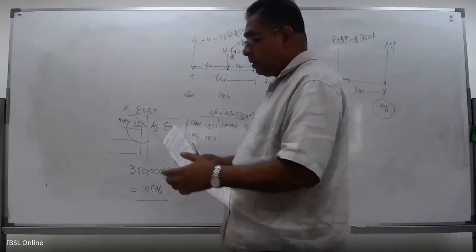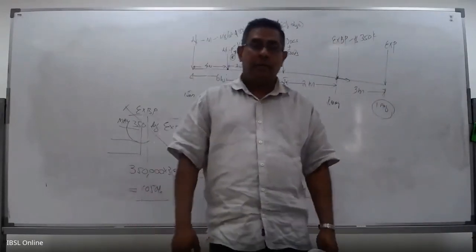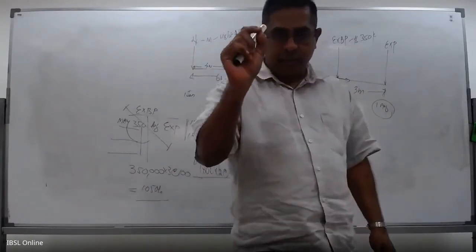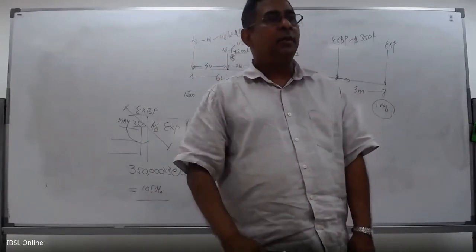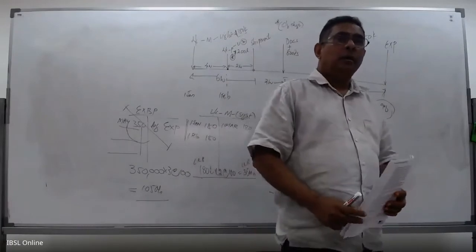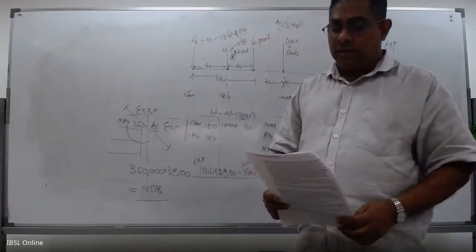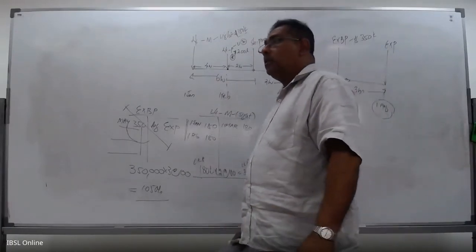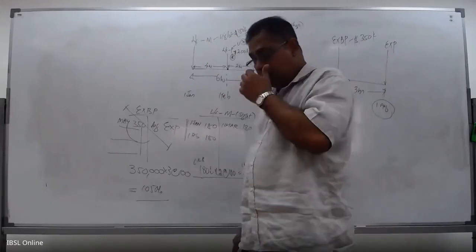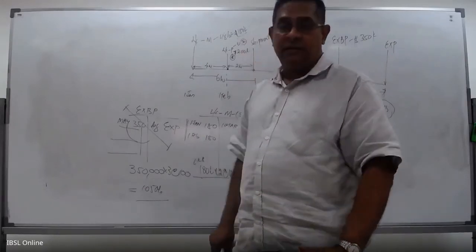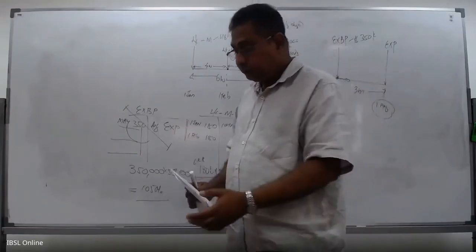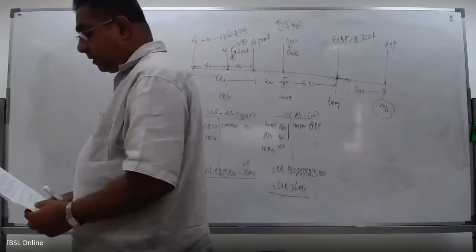Okay. Evers Limited's export order is US dollars 350,000.